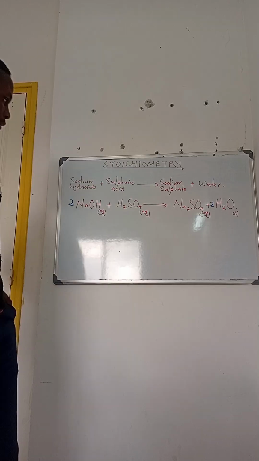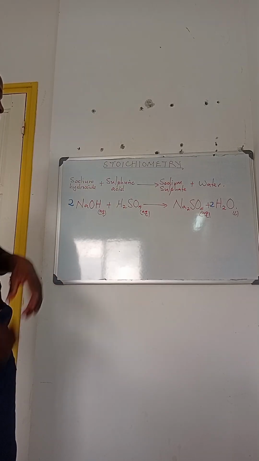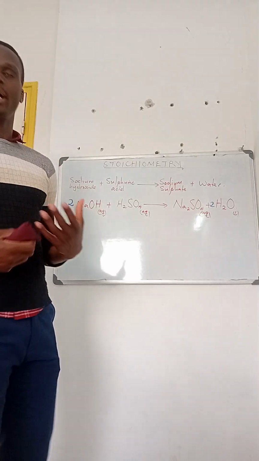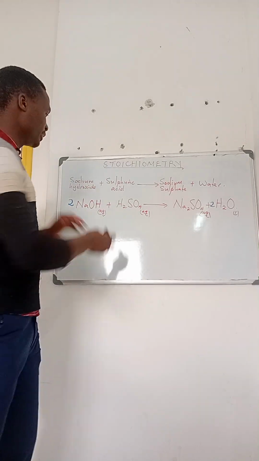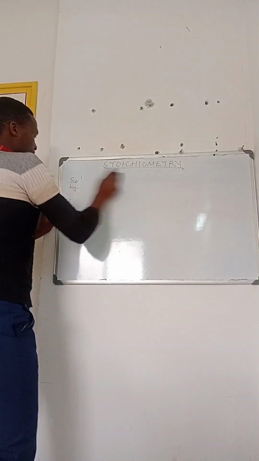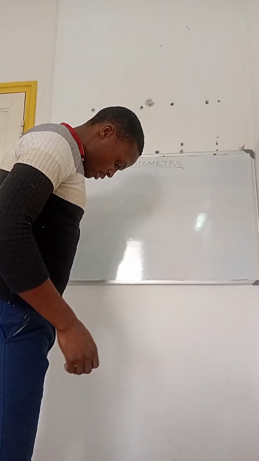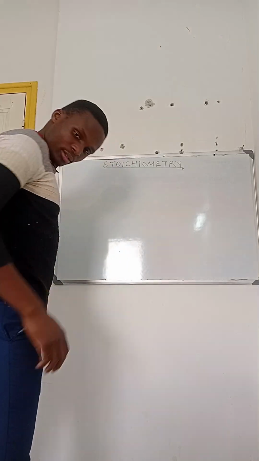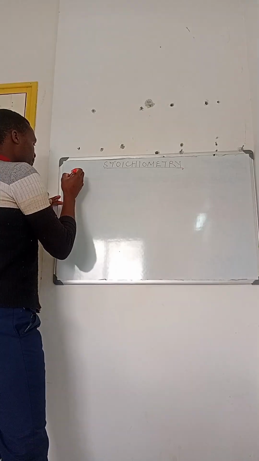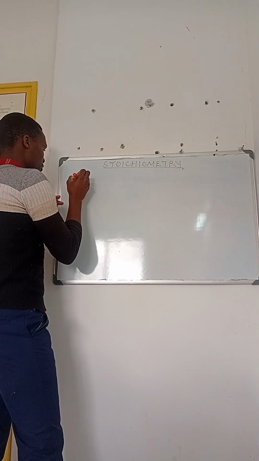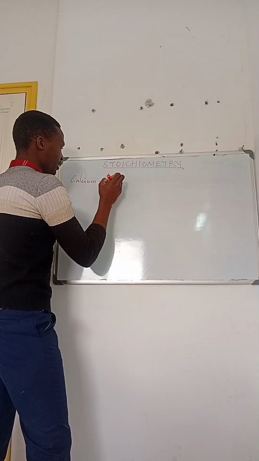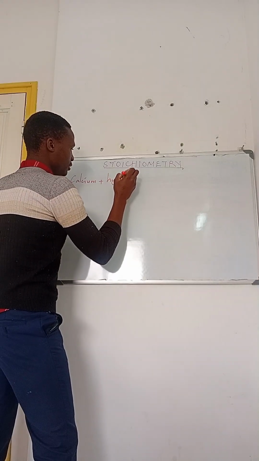So we can have a reaction between a metal and a dilute acid, because those reactions are very common in chemistry. So let's say we have calcium as our metal. We have calcium plus hydrochloric acid.